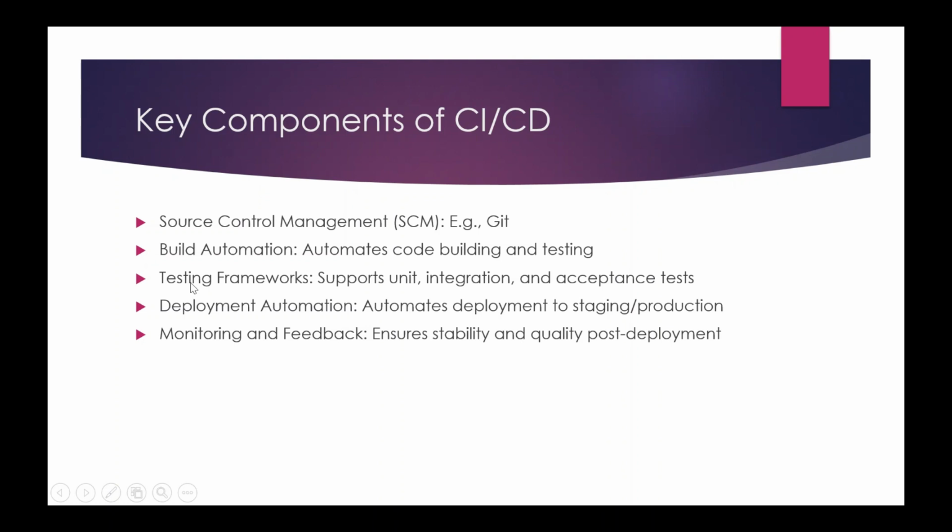If you want to run unit test cases or functional testing, integration testing, you can do everything inside that. So this also supports unit, integration and acceptance tests. The next one is deployment automation. This automates deployment to staging and production. This is also called continuous deployment or continuous delivery.